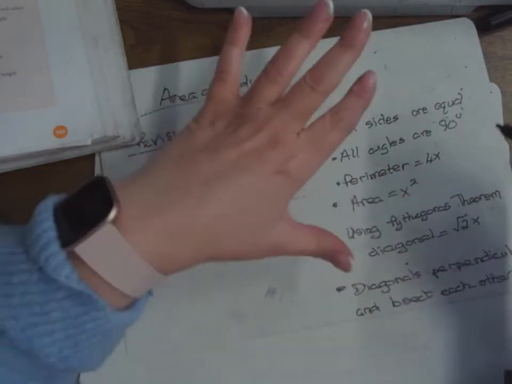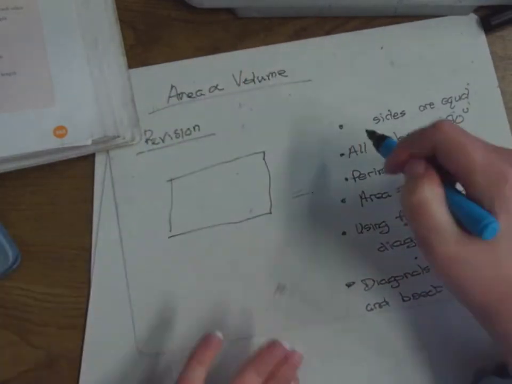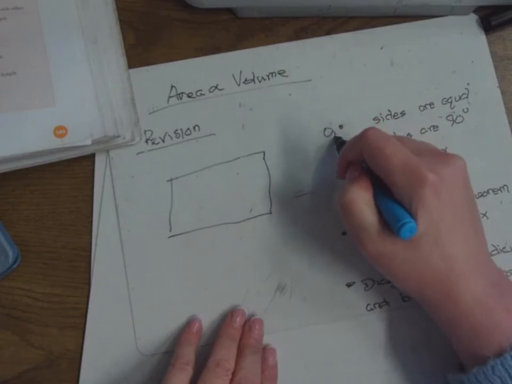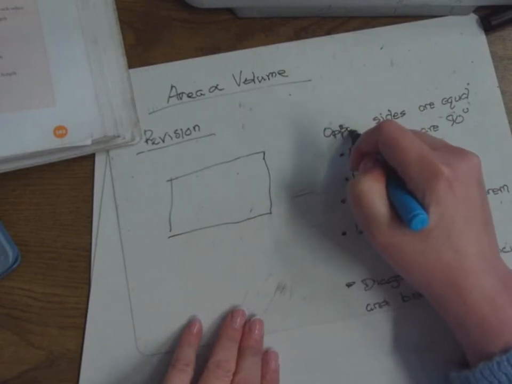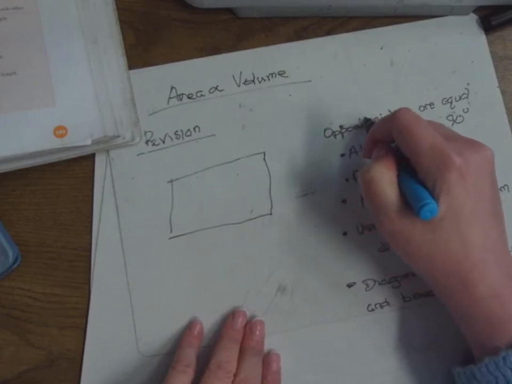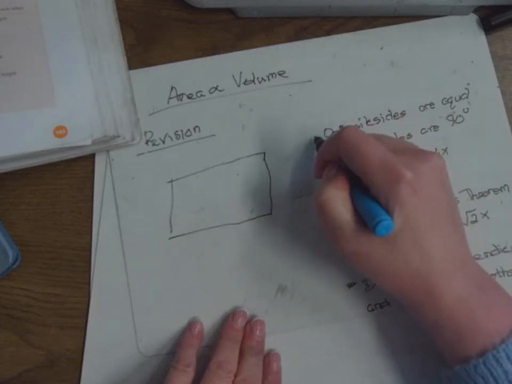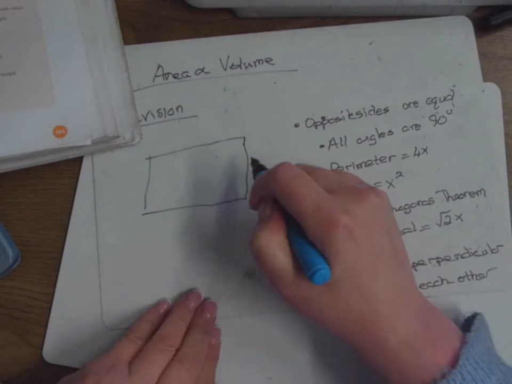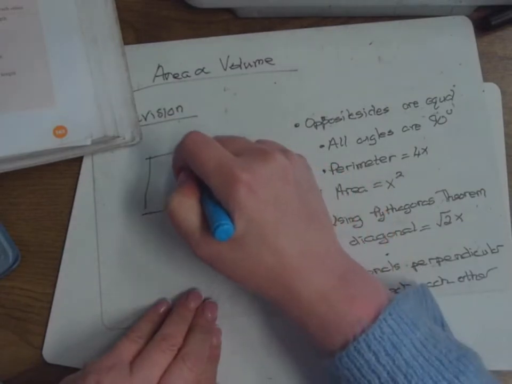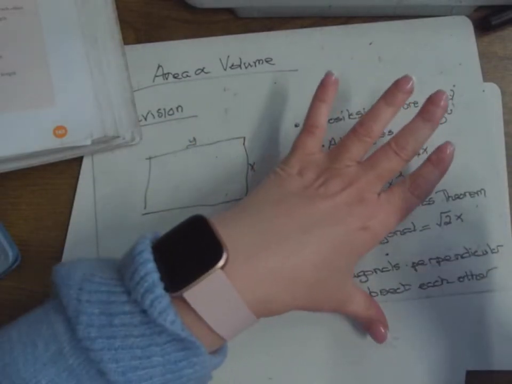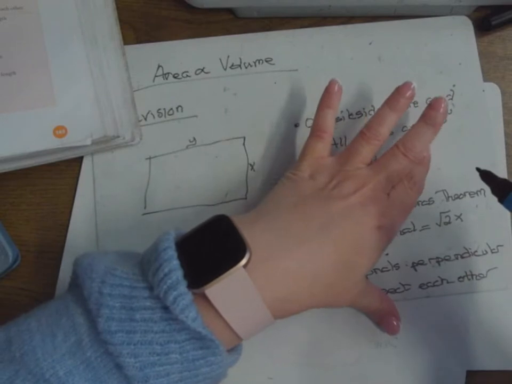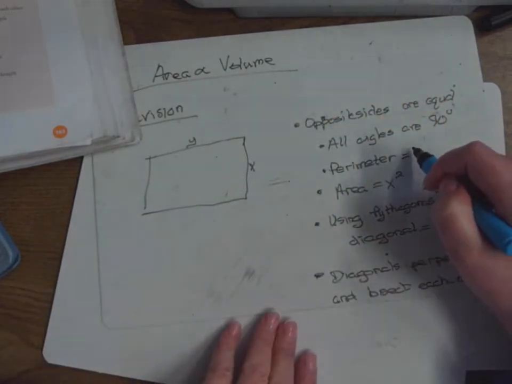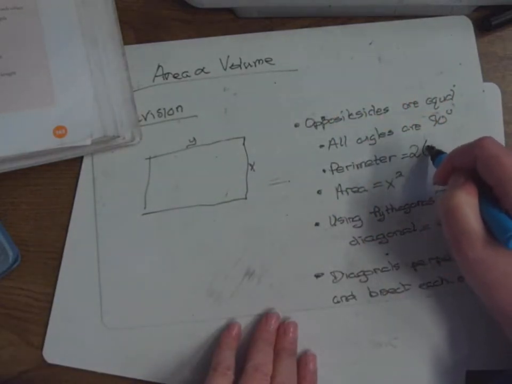So I'm going to change all sides are equal to opposite sides are equal. Opposite sides are equal, all angles are 90 degrees. If the length is y and the width is x, the perimeter is 2 times x plus y.